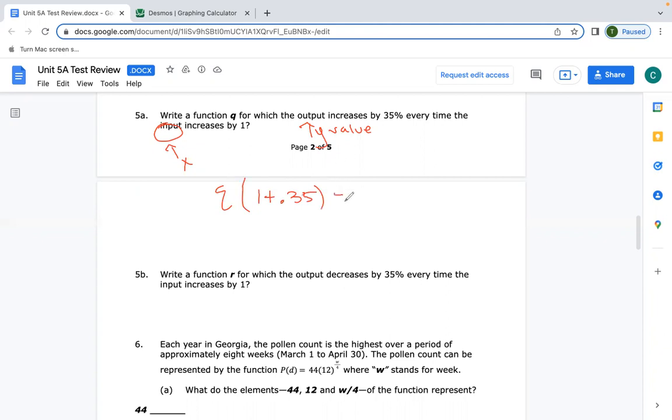Okay, and then the input, we also call that our X values, is going to increase by 1 every time.